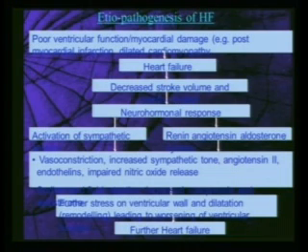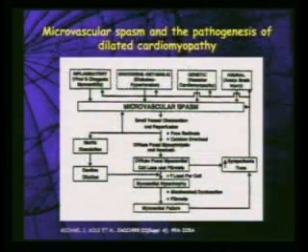As a result of this activation, there occurs a vasoconstriction, increase in the sympathetic tone, angiotensin 2, endothelins, impaired nitric oxide release. So what will happen? With this consequence, there is a retention of sodium and salt, and the patient comes with ventricular wall dilatation, fibrosis, remodeling, and with the worsening of heart failure, the patient comes with sudden cardiac death and the further sequelae of the problem.